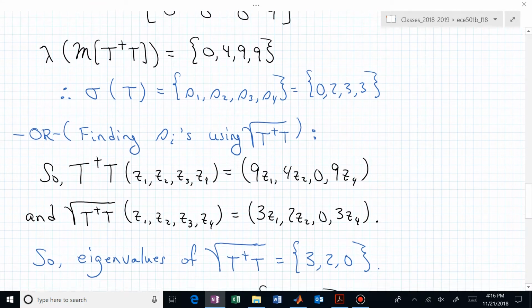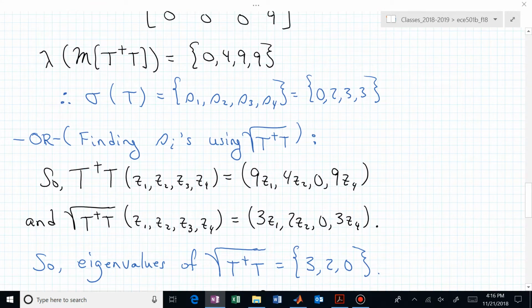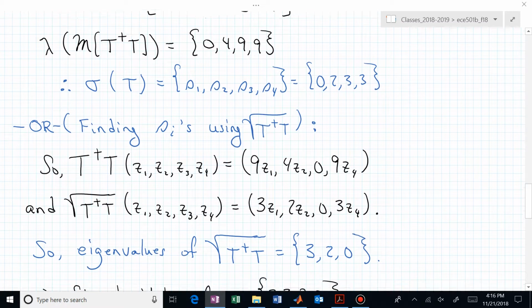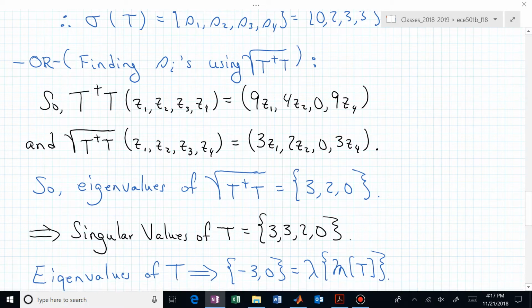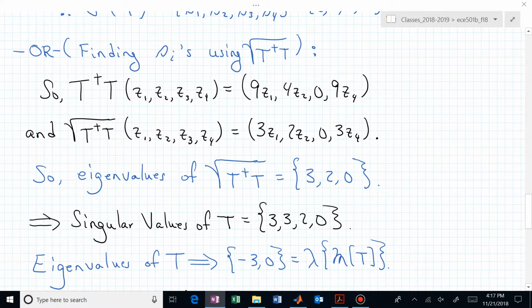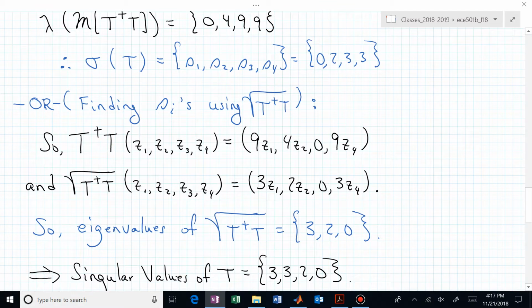From the definition, then, we can find the eigenvalues of the square root of t dagger t. We have 2 at 3, 1 at 2, and 1 at 0. That means then that the singular values of t are 3, 3, 2, and 0, and that is then what we wanted to find.